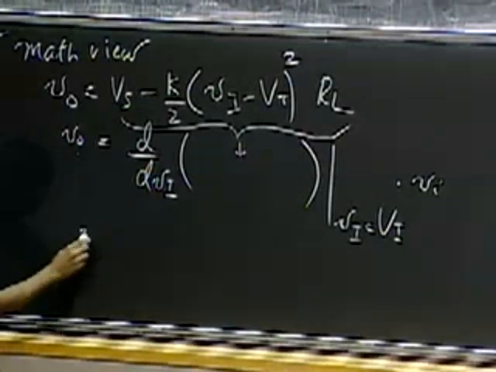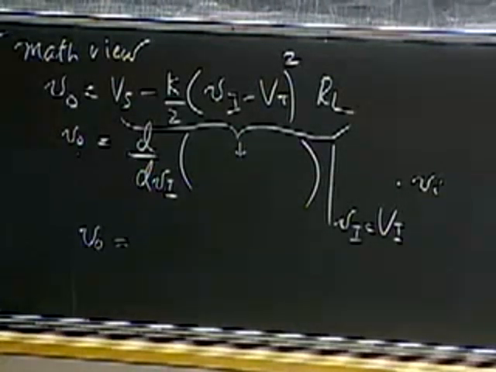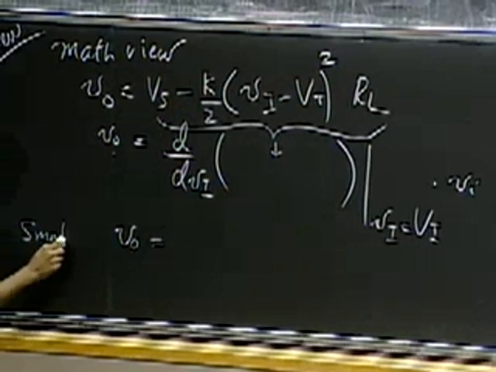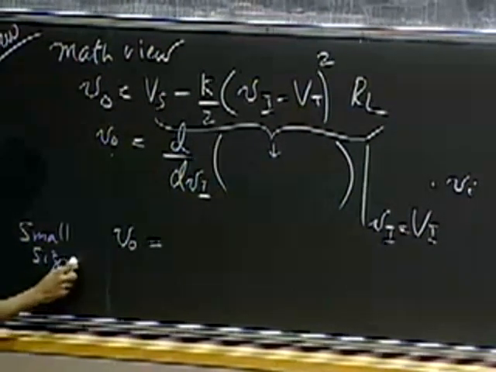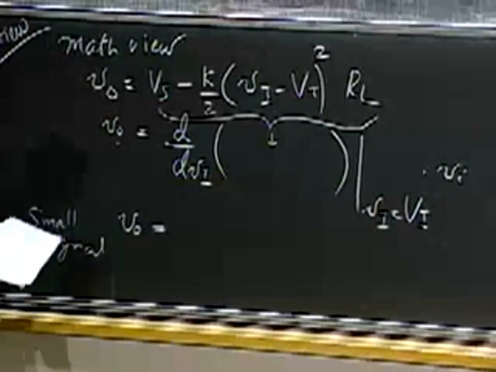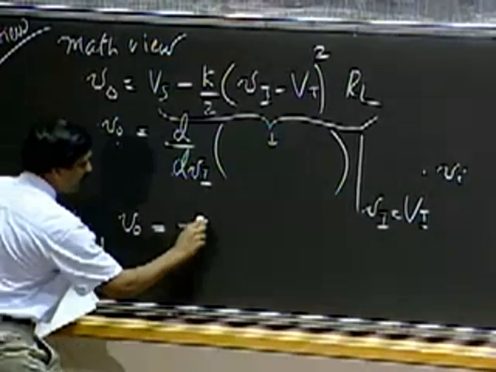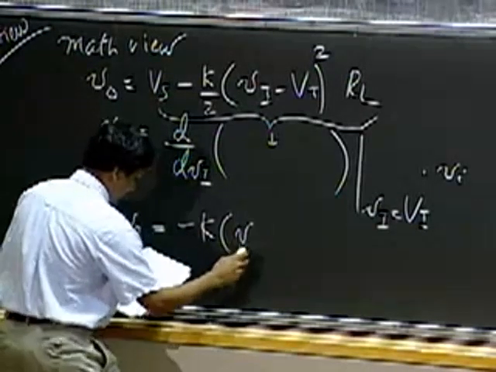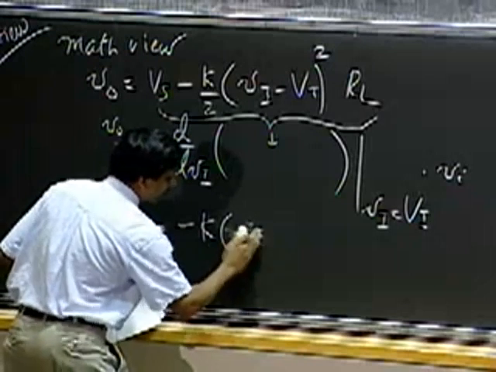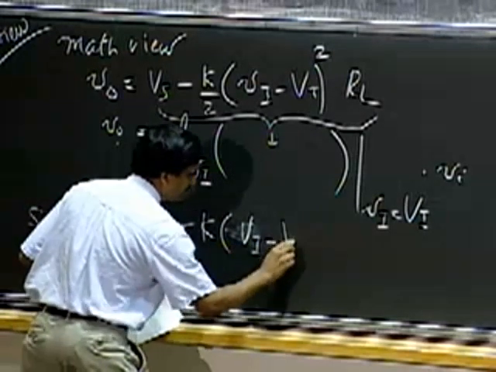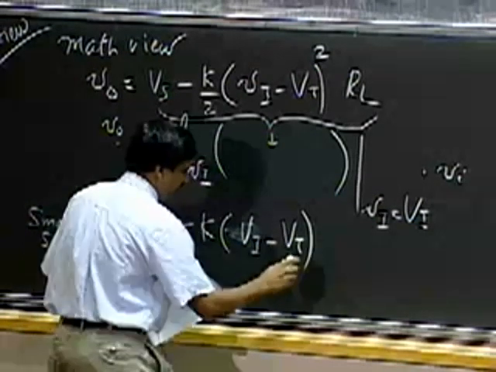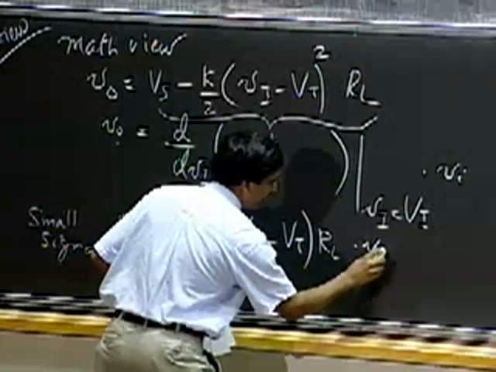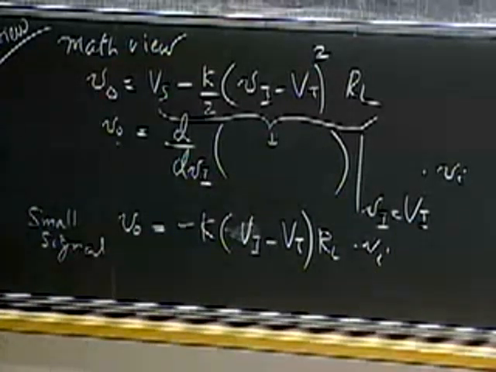And the resulting expression that we got for small VO was simply minus K, this was our DC value, and RL times small VI. So we derived all of this the last time, so there's nothing new so far.